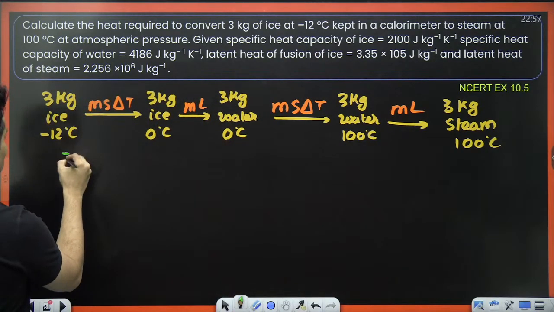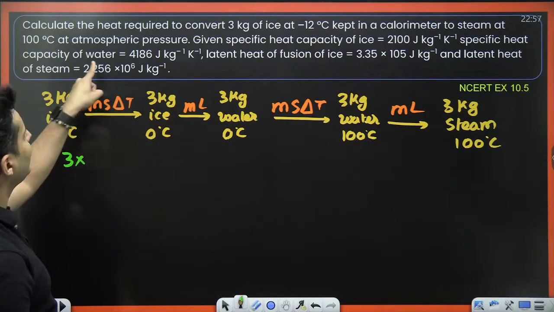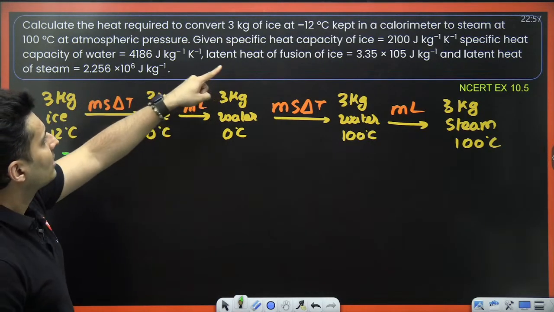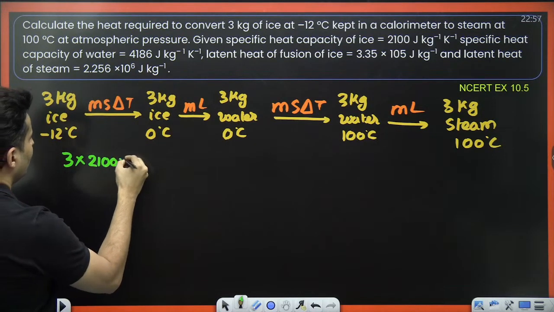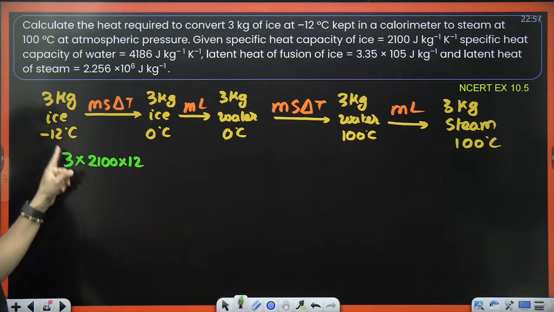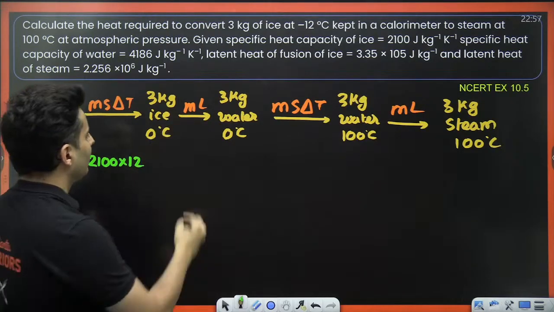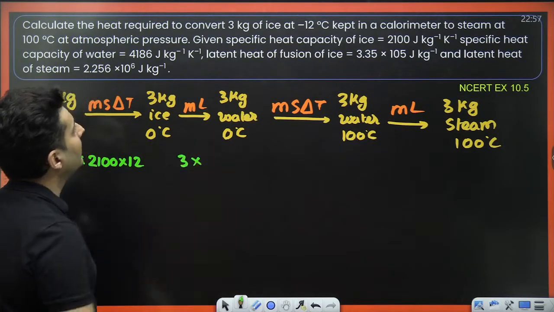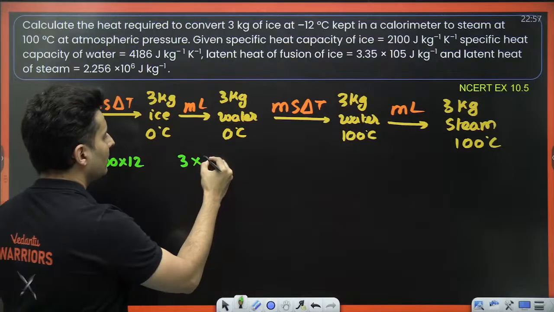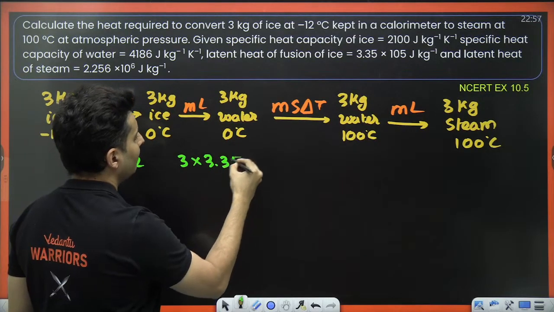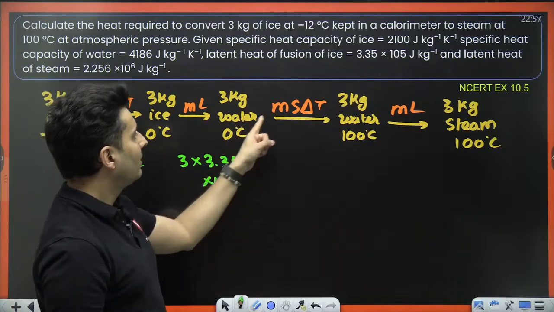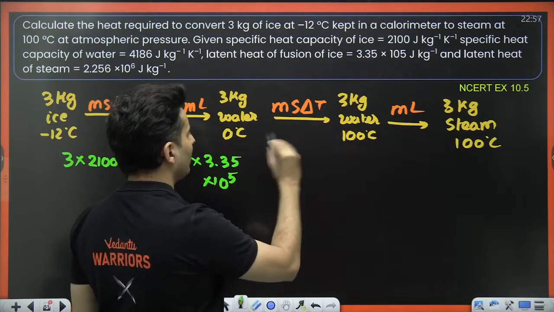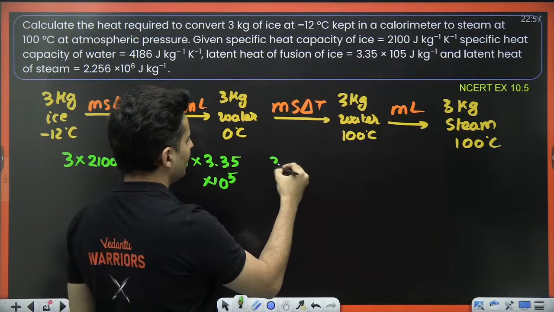Mass 3. S for ice, specific heat capacity for ice 2100. Delta T 12. Then ml. M is 3. Latent heat for fusion of ice 3.35 into 10 to the power 5. Then water goes from 0 to 100. Mass 3.